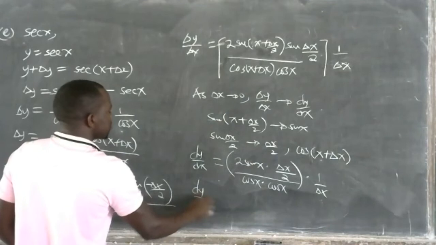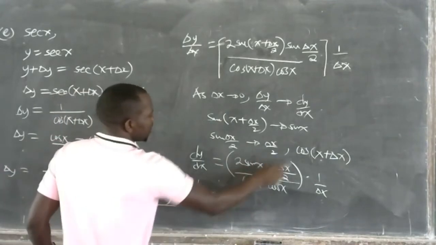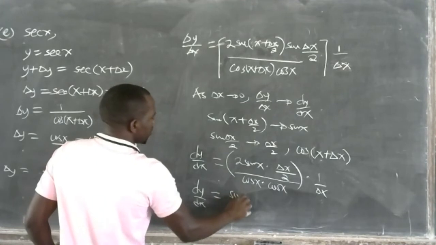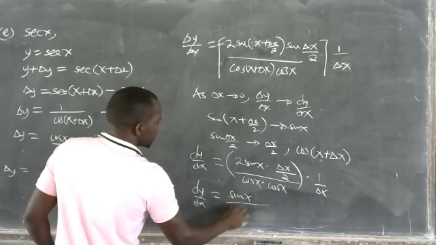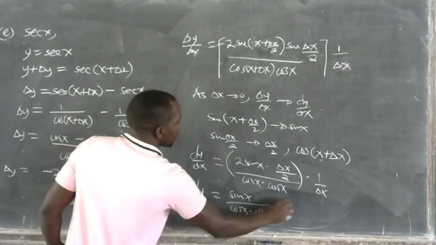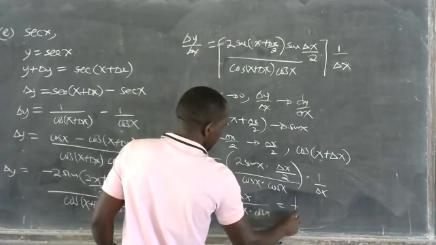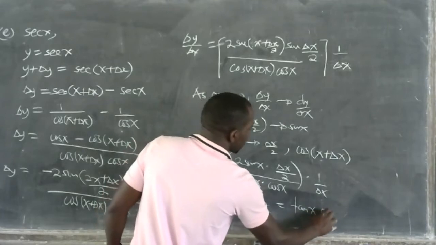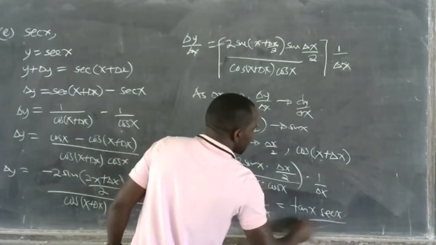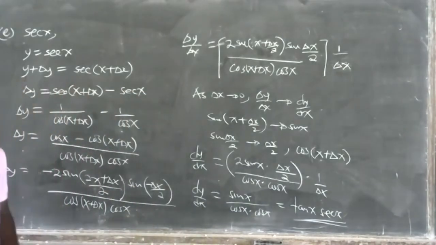Which becomes the 2 will go, you get sin x out of cos x and with cos of x to become... okay, any question? That's what you get. Now I'm waiting for your questions, if you have any. So in differentiating sec, you get tan x sec x, or sec x tan x.